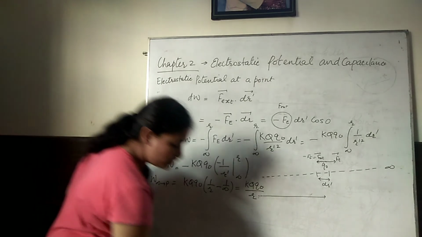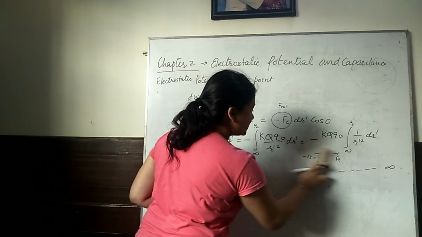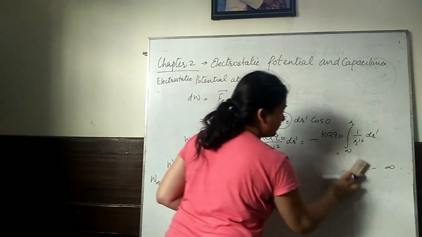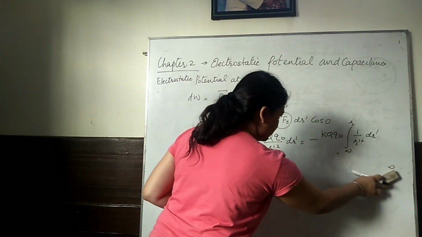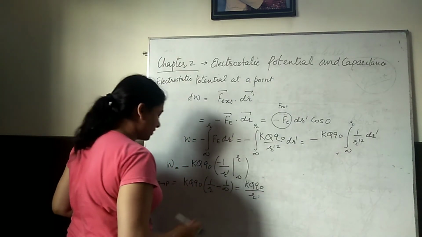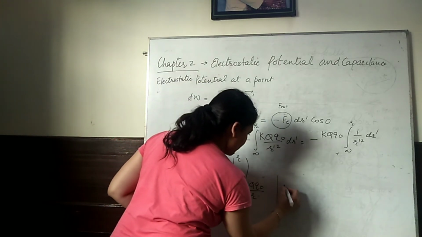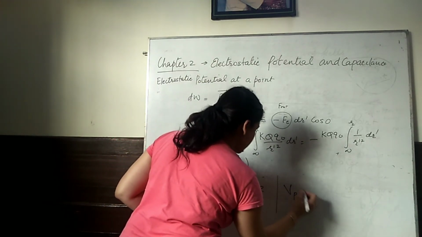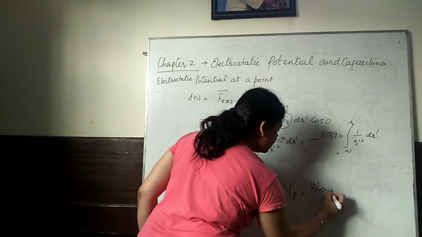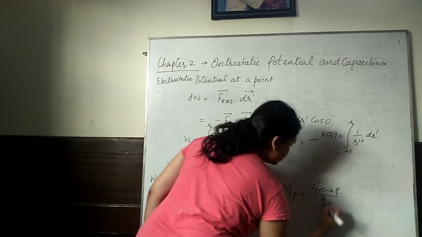Now as per the definition, what is electrostatic potential? It is the work done in bringing the unit test charge from infinity to that point. So in order to find this expression for the unit test charge, we divide this work done by the test charge itself. So potential at point P is the work done in bringing the test charge from infinity to point P divided by the test charge.